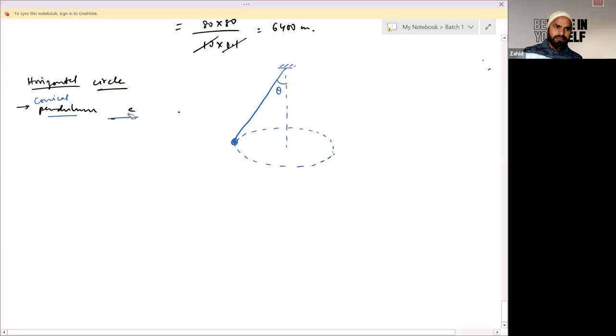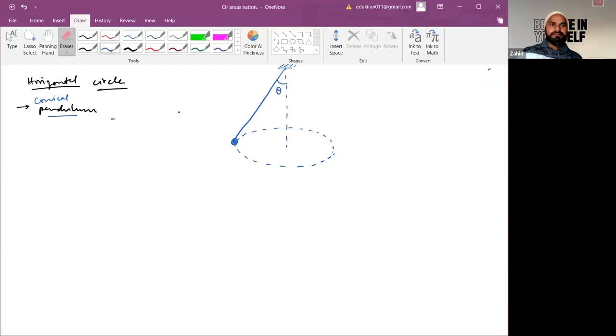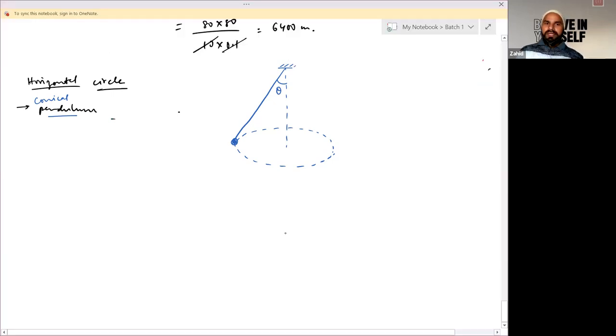Now we have to find certain terms in this part. Let's say length of the string from this point of axis to this point is L. Mass of body or bob is M. So it must be experiencing an outward force due to its motion along circular path. That will be centrifugal force.